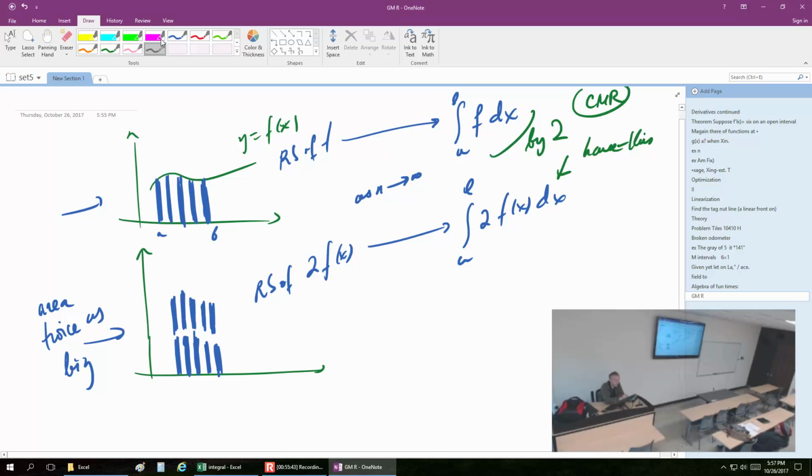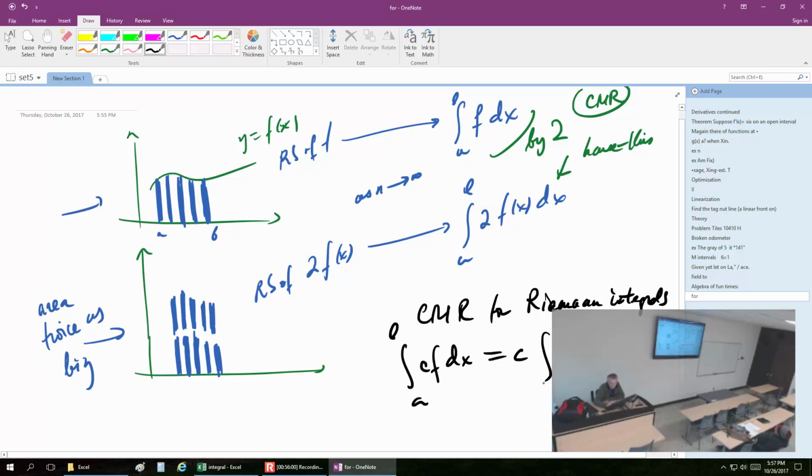So the equation becomes the constant multiple rule for Riemann integrals: the integral of c f dx. We can pull c out just as we have with derivatives.